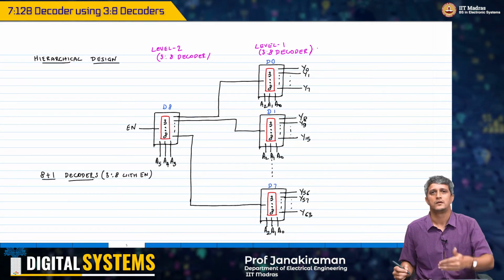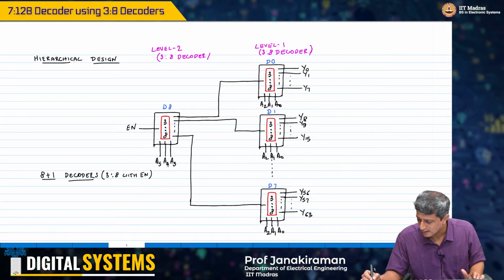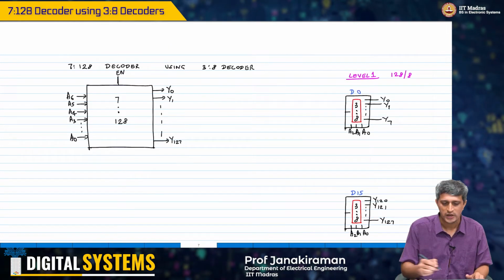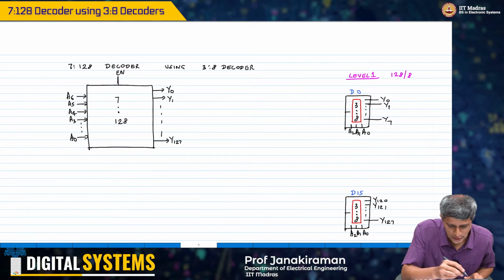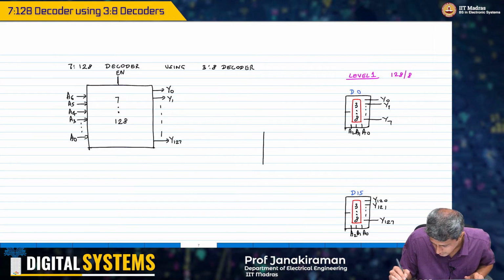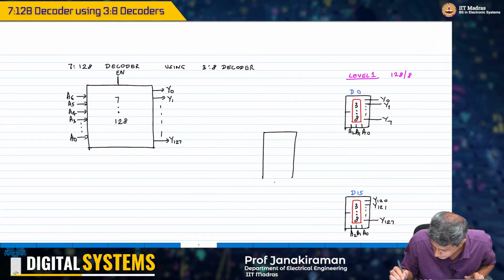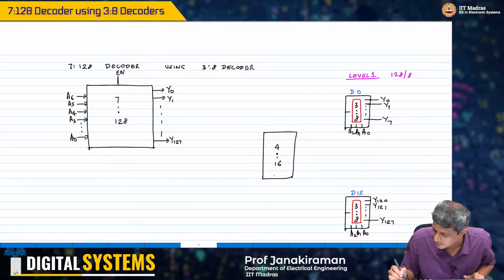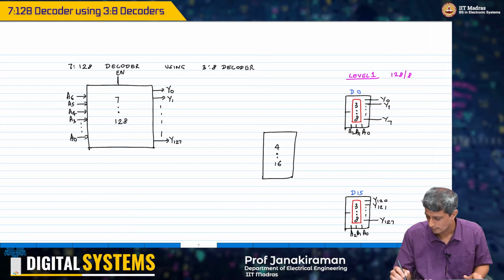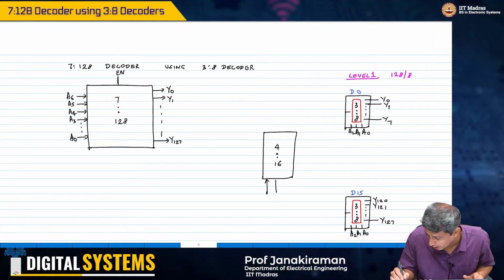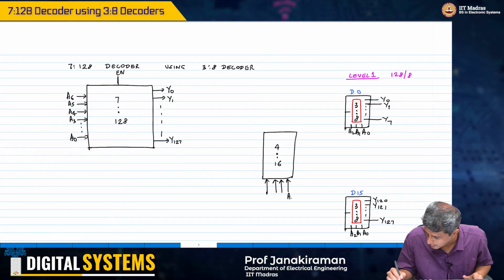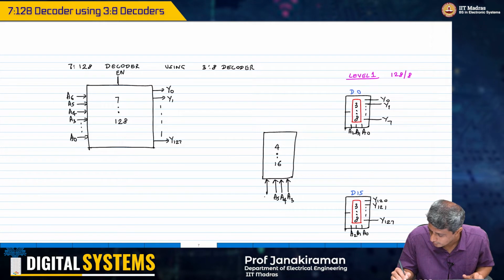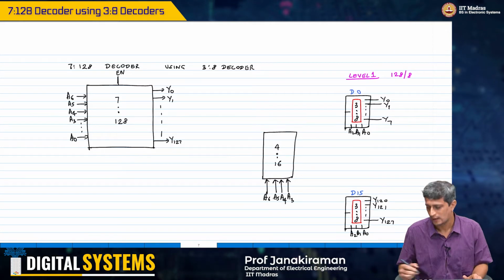Likewise, what we need here is a 4:16 decoder, which takes the higher order bits A3, A4, A5, A6.